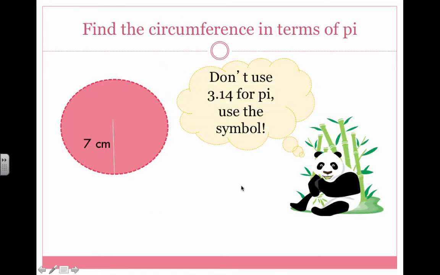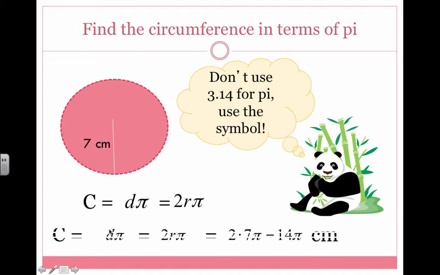All right, now we're going to find it in terms of pi again. So don't use 3.14 for pi, use the symbol. Remember, we're dealing with the radius, so it's going to be 2r pi. So we're going to write 2 times 7 times pi, which gives us 14 pi.